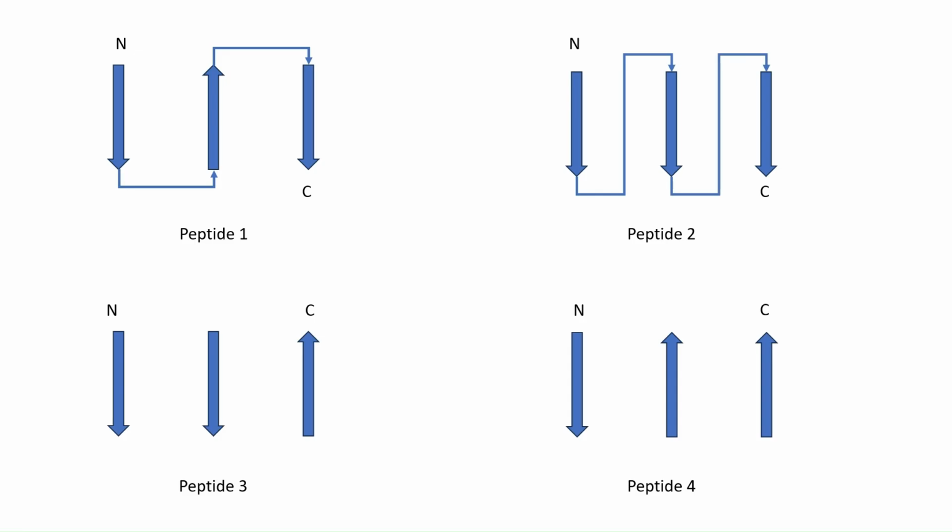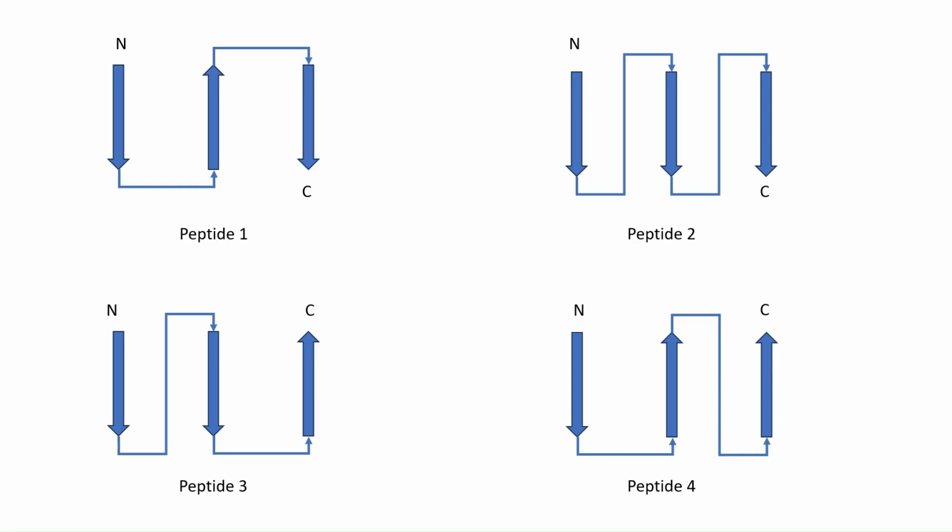Now for peptide 3, the first linker is longer, but the second linker is shorter. And for peptide 4, first linker is shorter and second is longer.